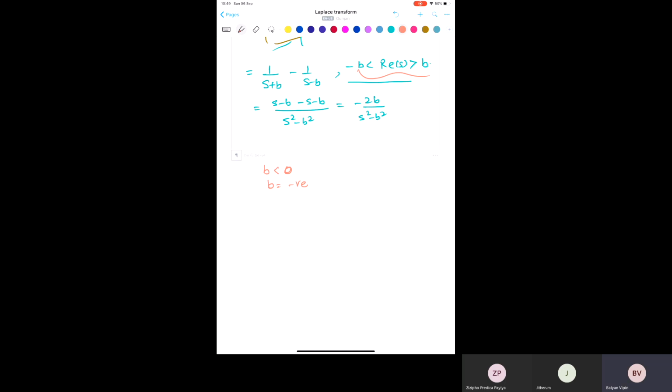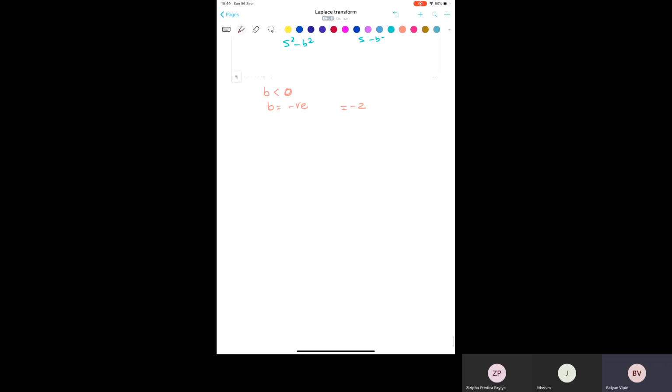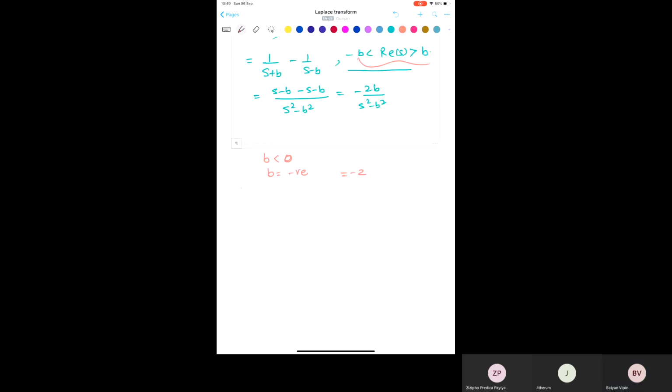Let's say I'm assuming b as a negative number, and let's say -2. So we have two of them. One of the ROCs, this is s plus b, real s greater than minus b, and the other one is real s less than b.